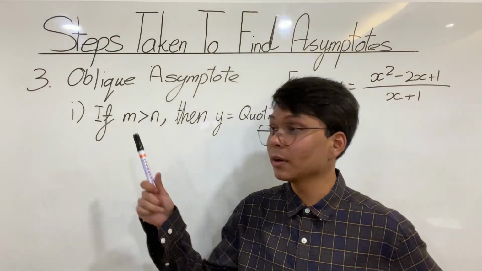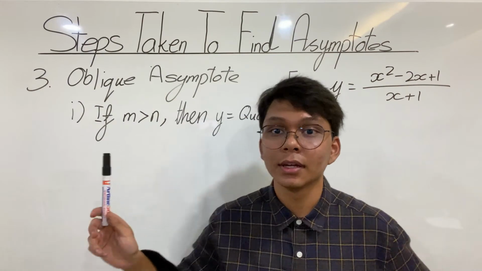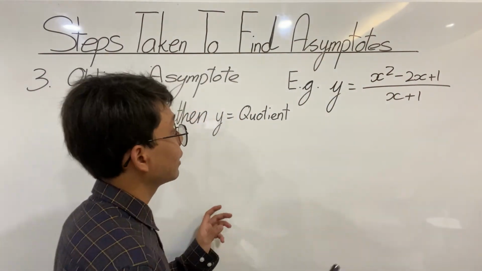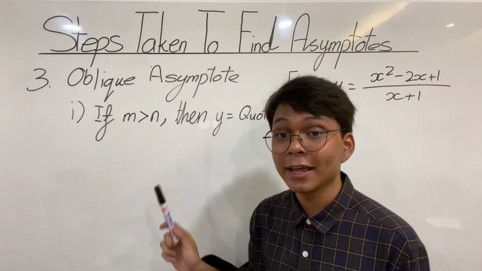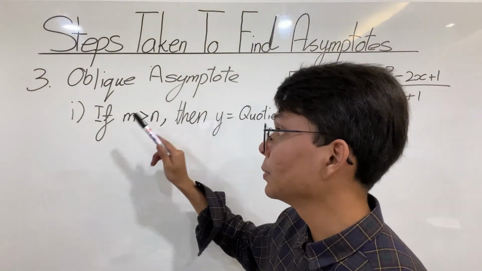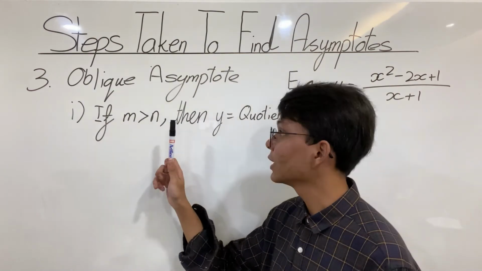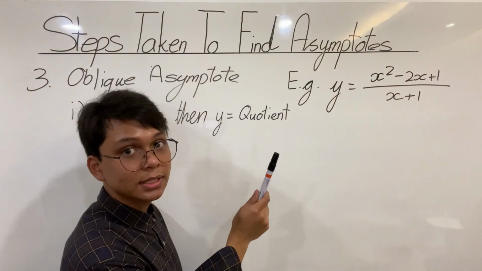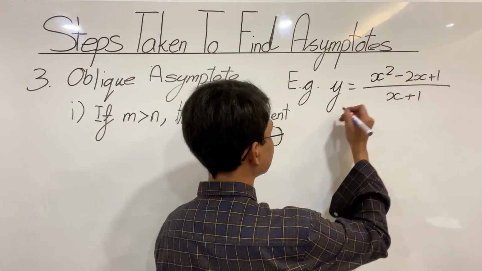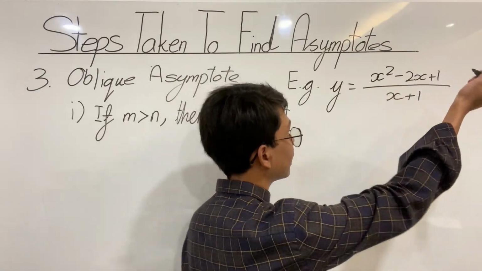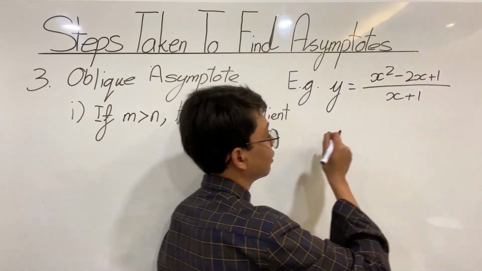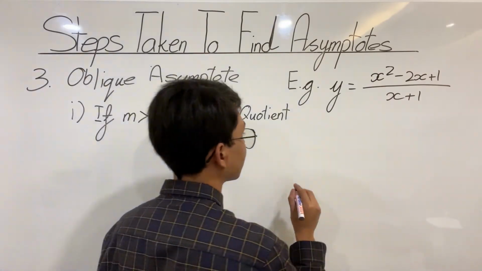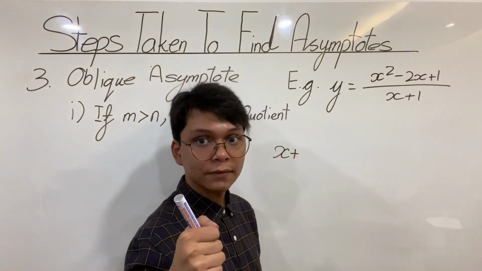The third thing we're going to find is the oblique asymptote. Now, following the same rules as the horizontal asymptote, we can only find an oblique asymptote if the numerator's degree is more than the denominator's degree. Then that is when y equals the quotient, which is the oblique asymptote. Since this equals x squared minus 2x plus 1 over x plus 1, we are going to find the quotient of this equation by performing long division.